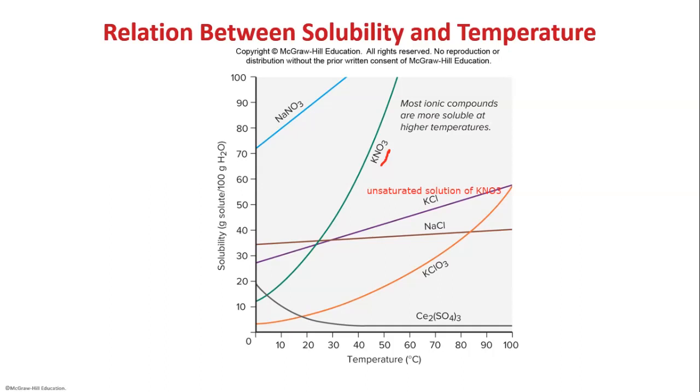So for example, at 25 degrees Celsius, which is right about here, if we tried to dissolve 25 grams or 20 grams of potassium nitrate, it will dissolve because it's in the unsaturated solution region for potassium nitrate.